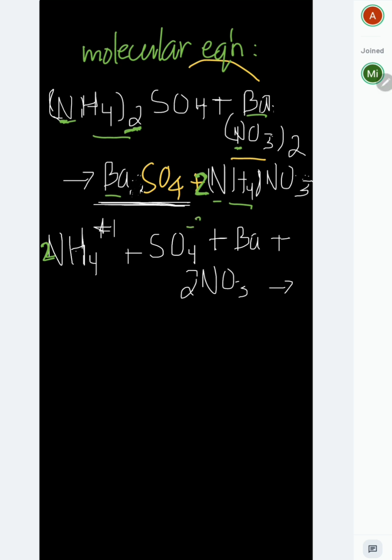What's the charge? Here, -2, plus 2, minus. You should put the charge. This one, you have to split that one. Ammonium nitrate. Remember, you don't split when it's a precipitate, when it's solid. So you just leave it as it is.